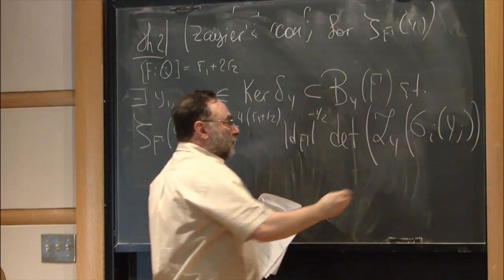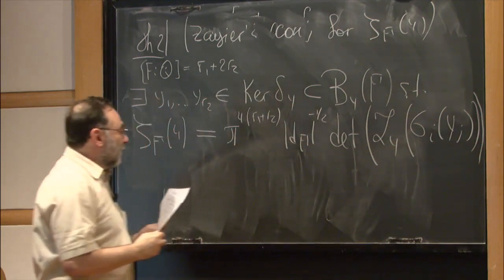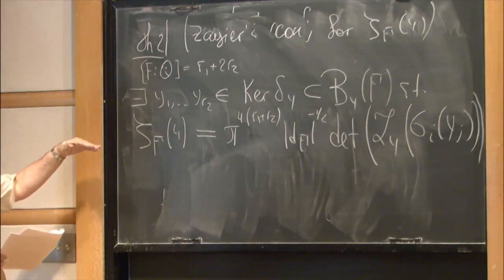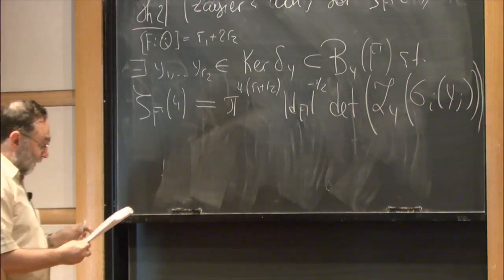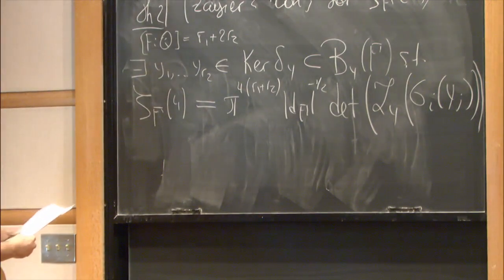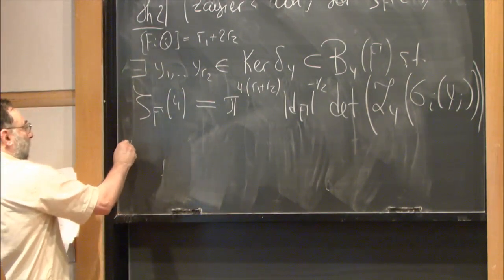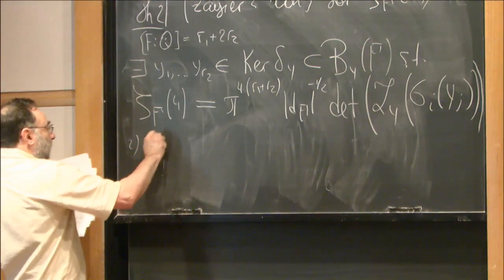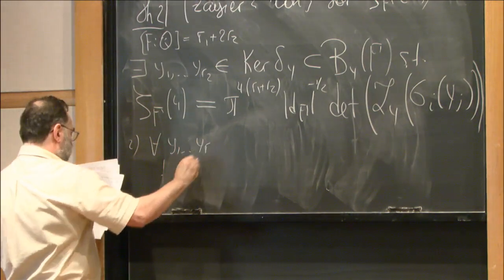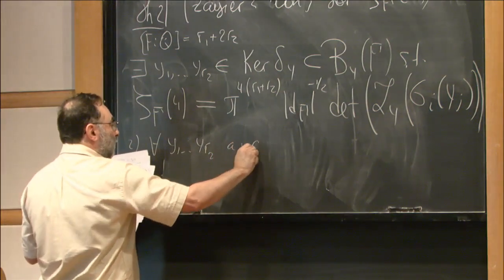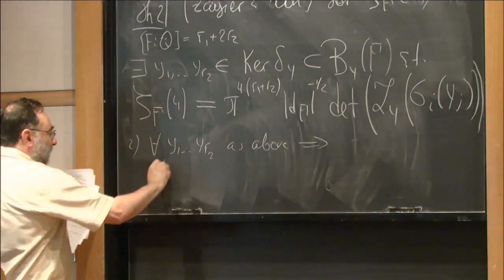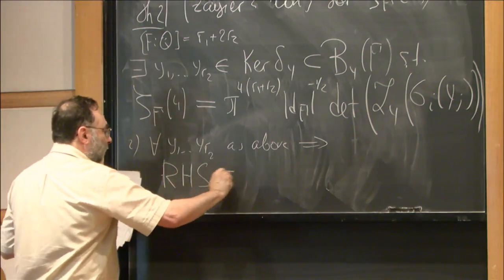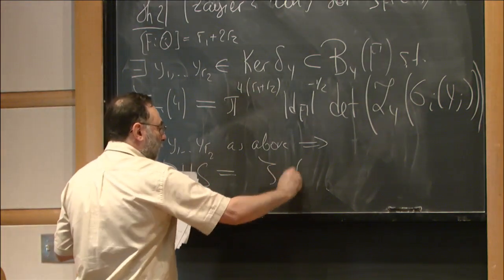So now if there was a question what exactly is the statement of the Zagier conjecture, this is the statement when n is equal to 4, and you can imagine the same statement is supposed to be true for all n, but known only for small n. Now there is a complement to this, that if you take any y1 and so on y_{r2} as above, killed by delta, then you still have the formula that the determinant on the right-hand side equals zeta_F(4).